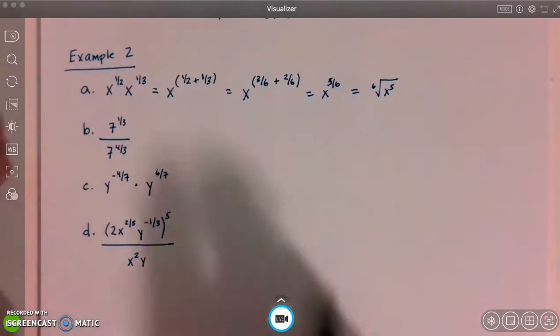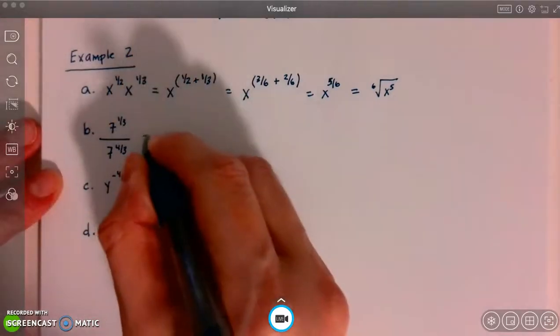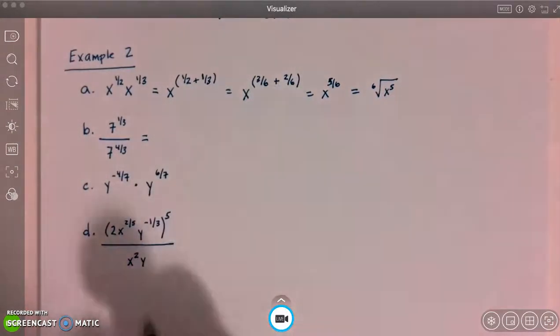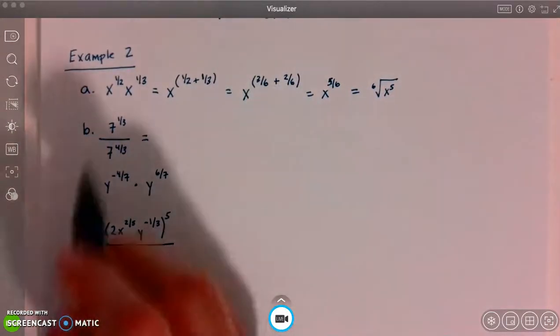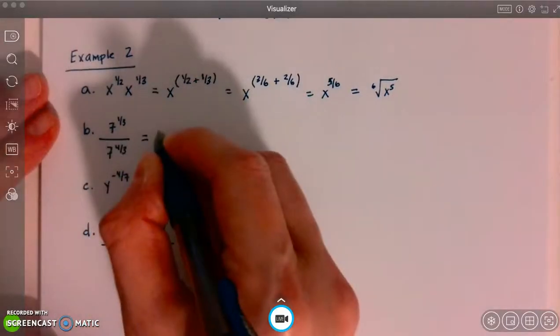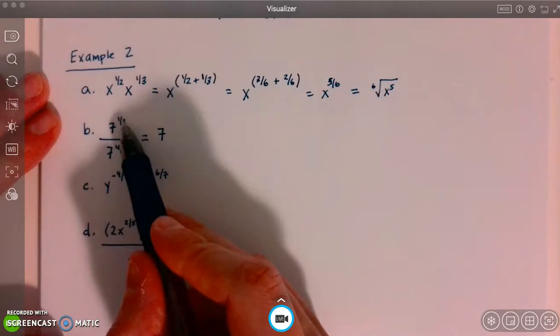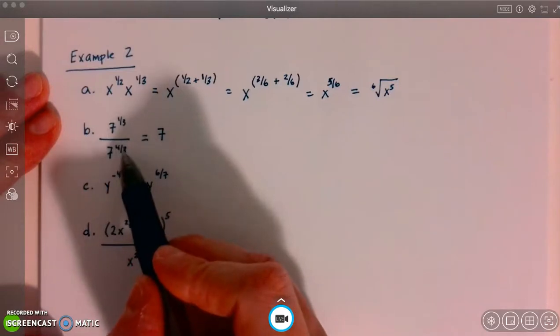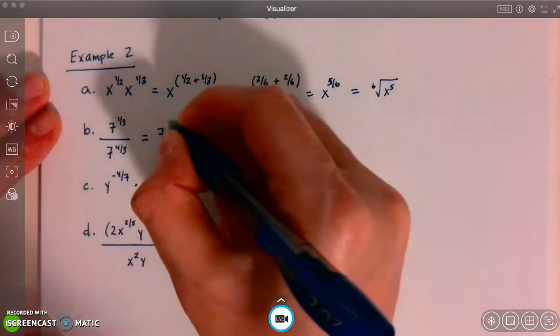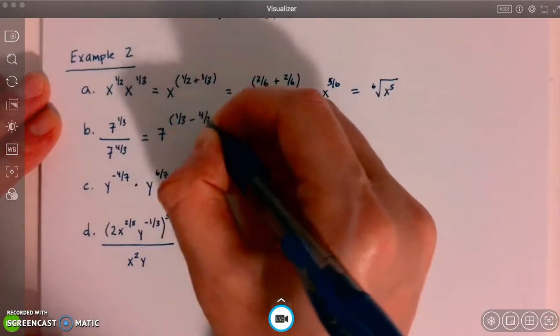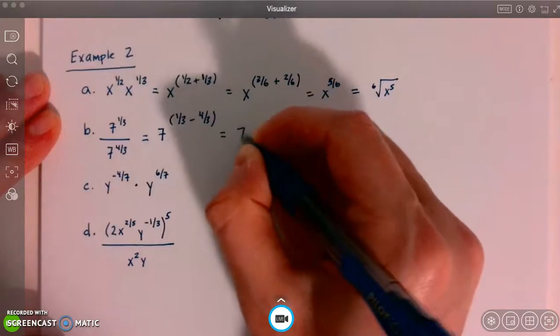All right. In the next example, we do see division. So now we are going to subtract. I made that mistake in the last example, but this is the place where we want to subtract. We do have like bases, so we're going to do 7, and I'm going to do the numerator's exponent minus the denominator's exponent. So that's going to be 1/3 minus 4/3, all in the exponent.